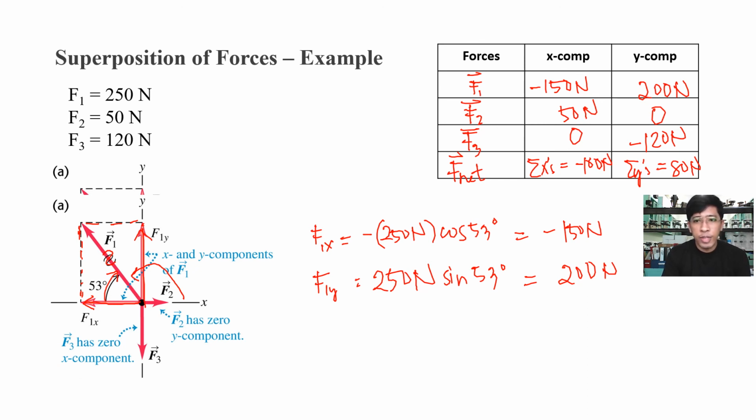So the x component, your F net x, sorry, this is not a vector yet. Your F net x is negative 100 newtons, and then your F net y is equal to 80 newtons.